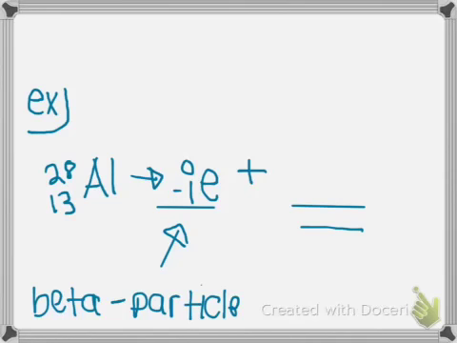What minus 1 equals 13? So 14, so that would be 14. And then 28 minus 0 is 28. So let's look at our periodic table, and the element with atomic number 14 is silicon, which is Si, and that is an example of beta minus decay.